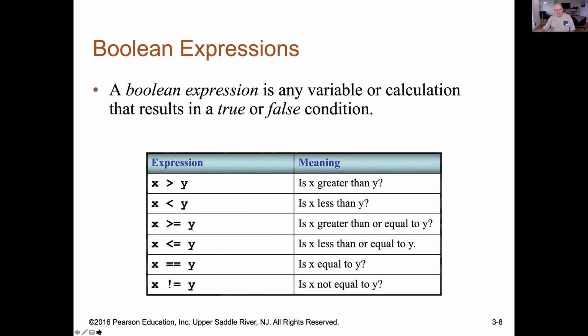For example, x is greater than y, x less than y, x greater than or equal to y, less than or equal to, x is equal to y, x is not equal to y.